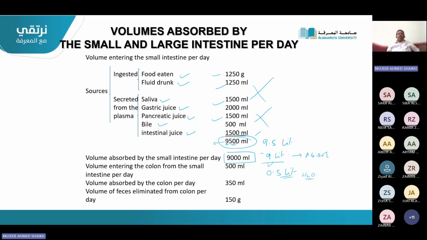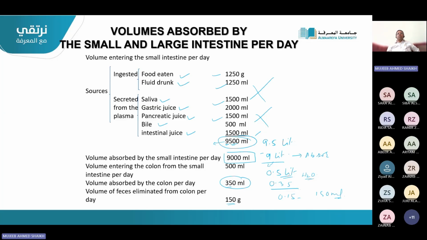Out of that, how much will the large intestine absorb? Around 0.35. Yes, 0.35. So how much will come out in the feces is only 0.15, or you can say 150 ml.